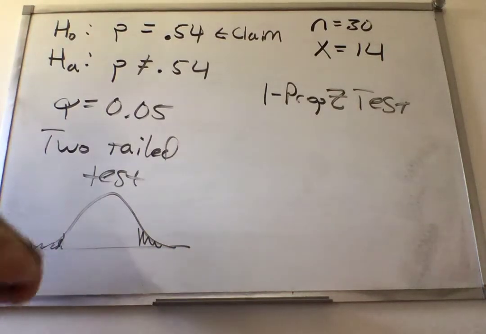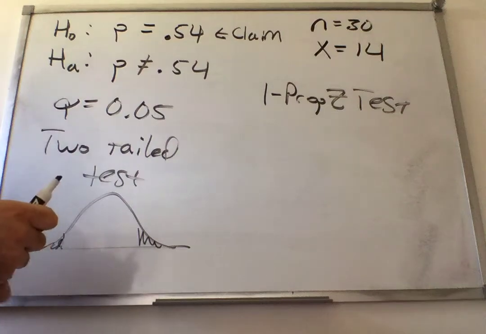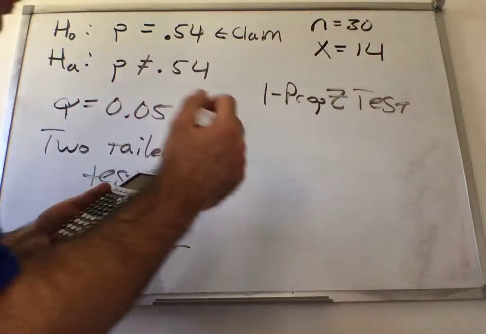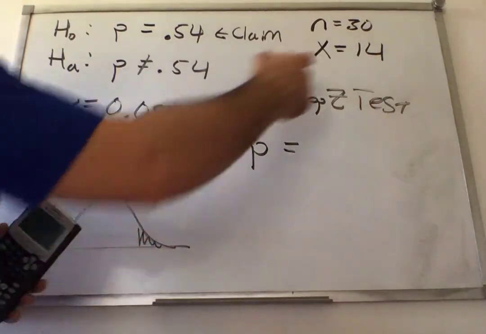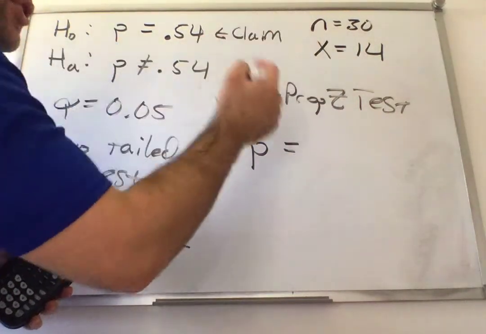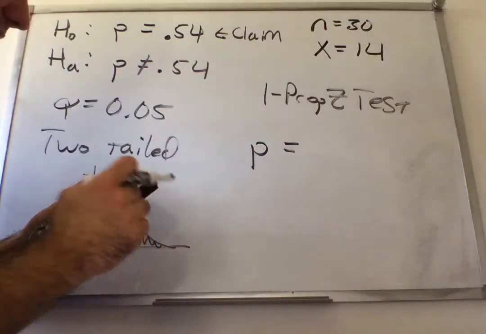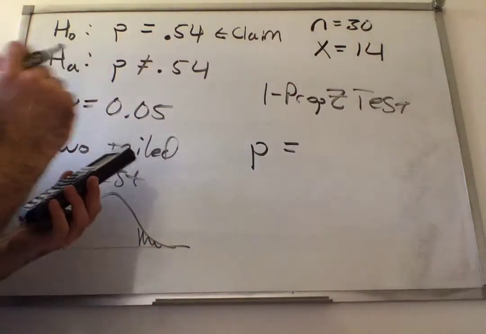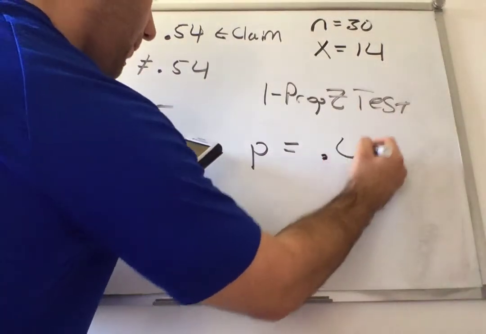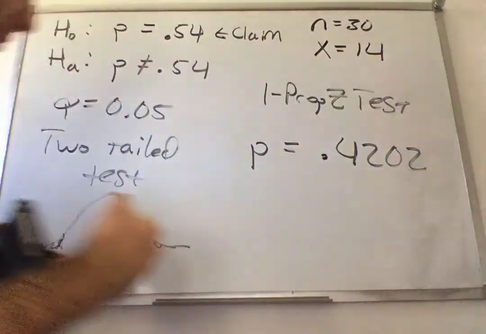So they gave us the p-value. They do give you a p hat value. All the p hat value is x divided by 30. If you do 14 divided by 30, you get the 0.46 number. But the p-value is 0.4202.